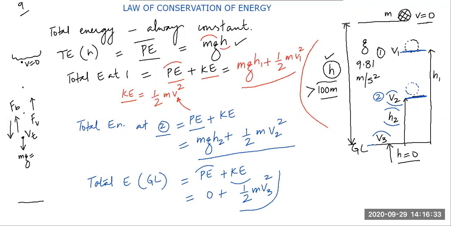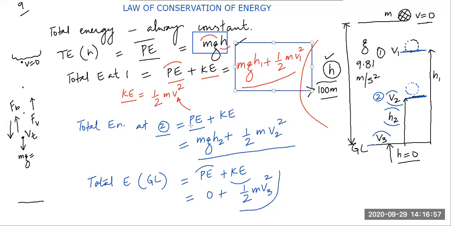The law of conservation of energy says, very simply, that the total energy at the top level, what was the total energy at the top level? Total energy at the top level was mgh, right? This energy is equal to total energy at 1. At 1, what is total energy? mgh1 plus half mv1 square.